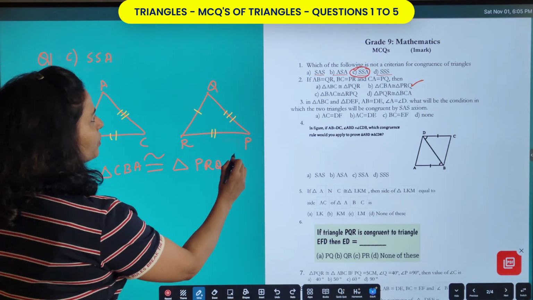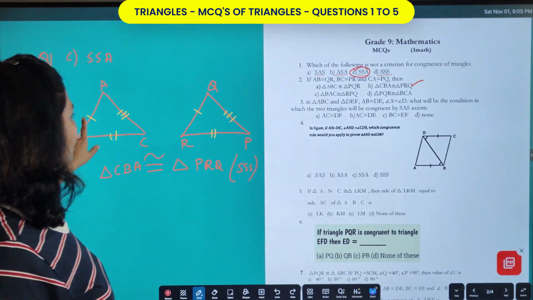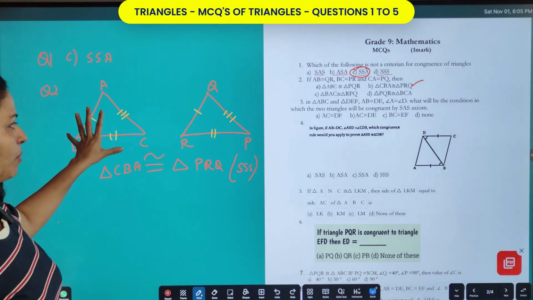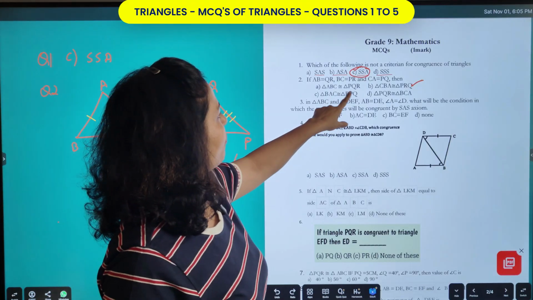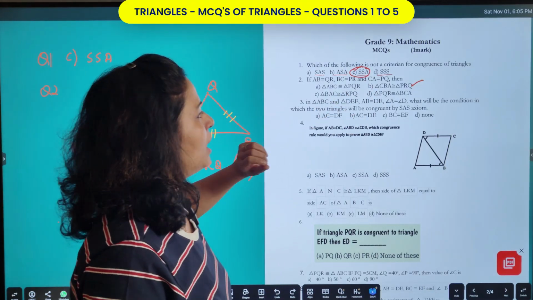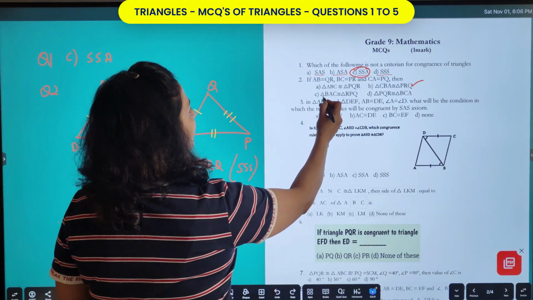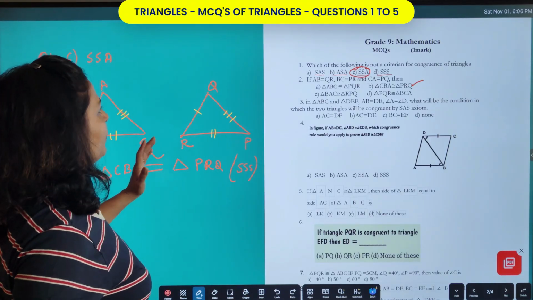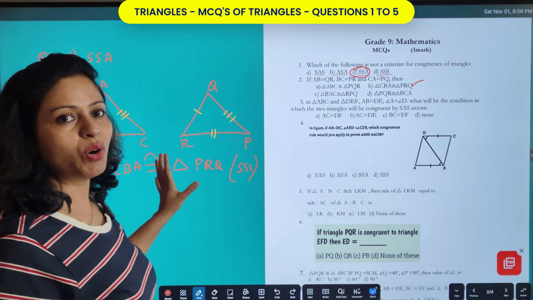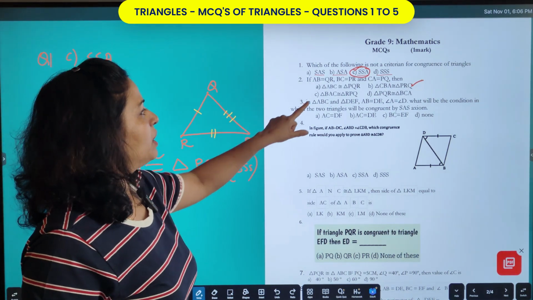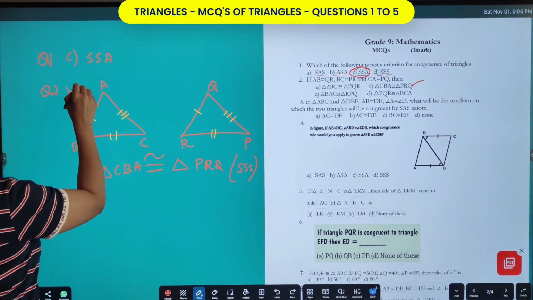This congruency is proved by SSS because 3 sides of triangle ABC are equal to the 3 corresponding sides in triangle PQR. Out of these 4, CBA congruent to triangle PRQ only fits this congruency rule. Otherwise, BAC should be congruent to RQP. The corresponding parts we have to see should match. But in none of the other options it's matching, so we will go with option B.